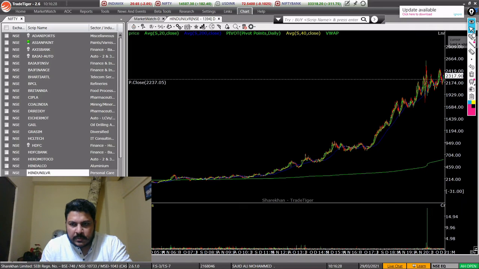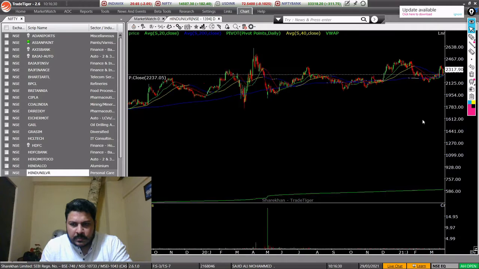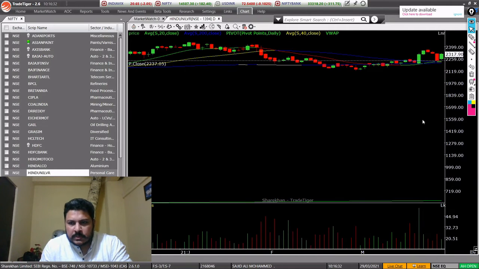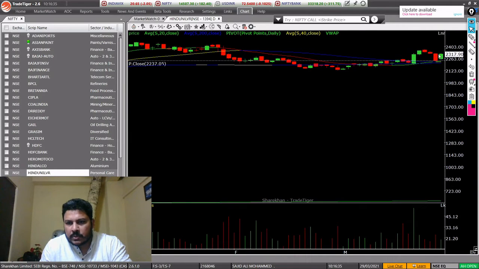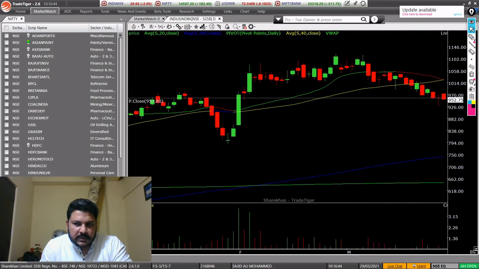Hindustan Unilever, this has not closed above this high, which I would wait and watch. ICICI Bank is in a downtrend. IndusInd Bank is in a downtrend.